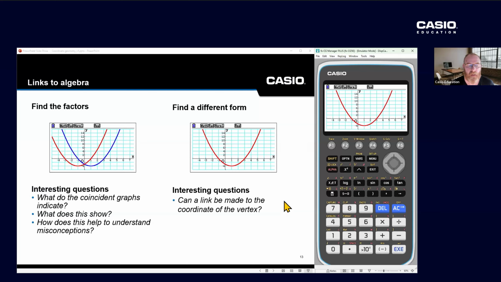But also, if they have analyzed the function beforehand, perhaps found the coordinates of the vertex, this then says, is there a link between completed square format and the coordinate values of the vertex? Okay, so again, helping them to understand the mechanics behind going from standard form, so we say rectangular form of the quadratic, to completed square form. Okay.